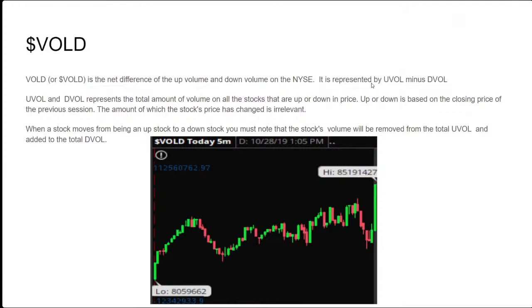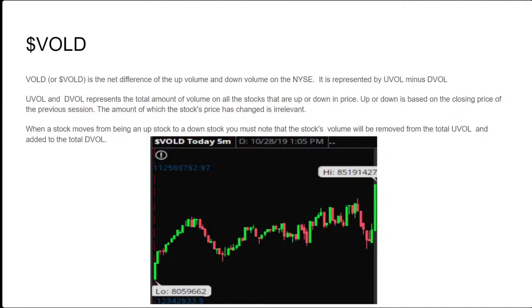It is represented by UVOL minus DVOL. UVOL and DVOL represent the total amount of volume of all stocks that are going up or down in price. It is up or down based on the closing price of the previous session.